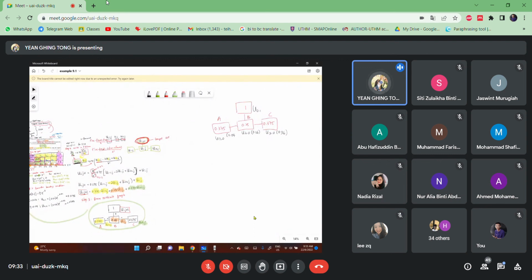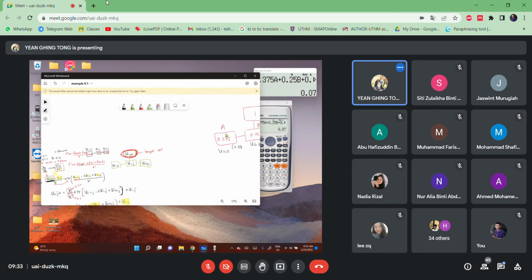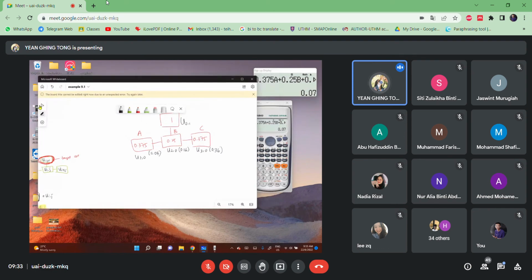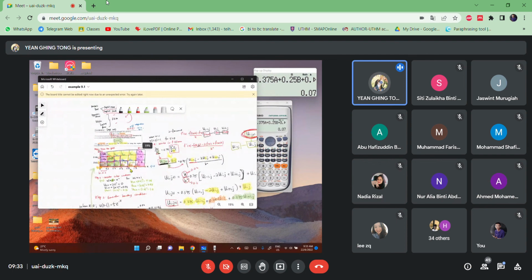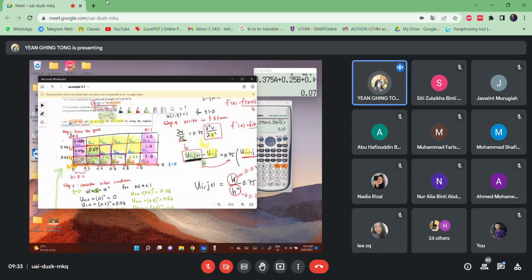Okay, boleh faham tak? Now using the calculator, using the same formula, you just key in. Ni kan, dah this value, you just change the value of A, B, C only. So kalau tengok sini, go back to this one. So now A adalah ini, B adalah ni, C is here.